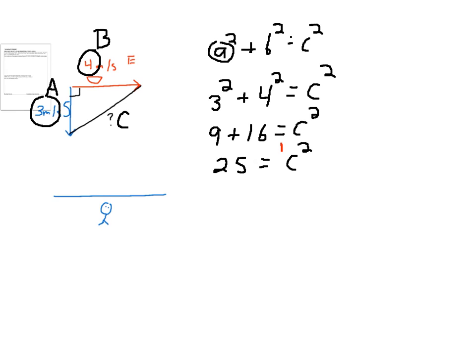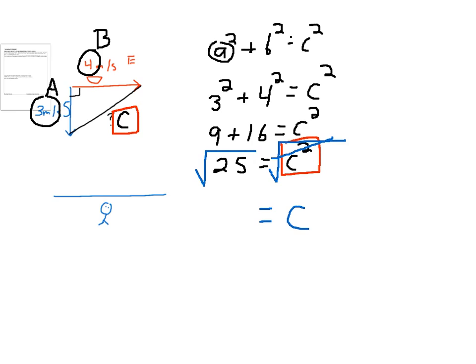However, c squared is not the same as c. So what I have to do is get rid of my squared, and the way I do that is I do the opposite of squaring to both sides. I take the square root of this side and the square root of this side. When I take the square root of this side, my squared and square root cancel and I'm left with c.